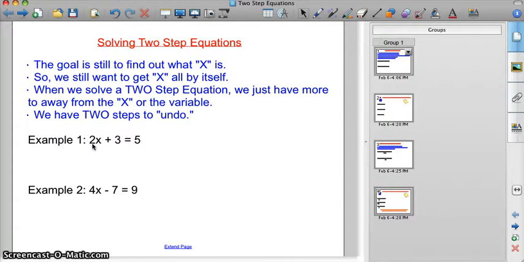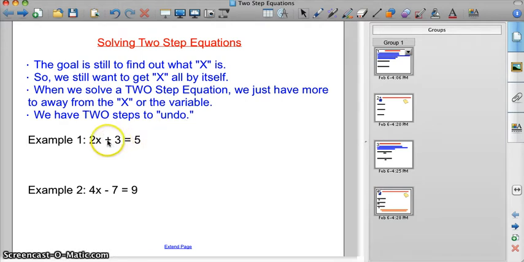On example 1, I'm actually going to go in the reverse order of PEMDAS. So usually we would do multiply and divide first, and then add and subtract. When we're undoing a problem in algebra, we undo add and subtract first.